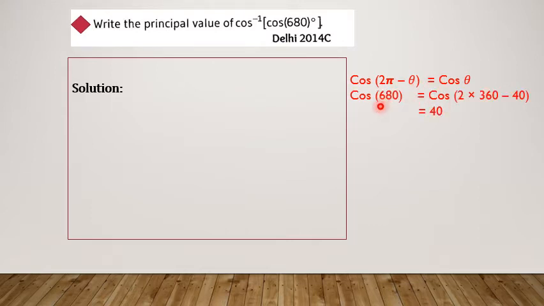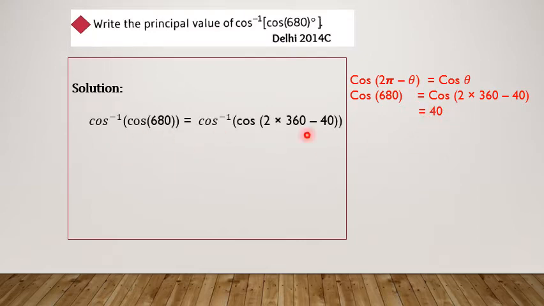So 680 we rewrite as 2 into 360 minus 40. So cos 680 is cos of 2 into 360 minus 40. But we know cos of 2 pi minus theta is cos theta. Then cos of 2 into 360 minus 40 is cos 40.